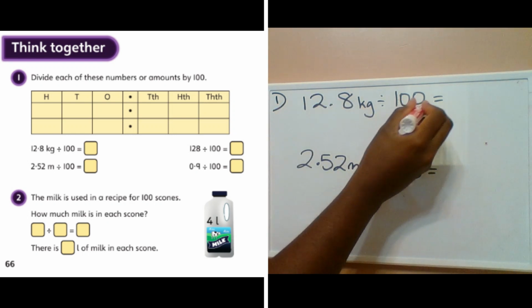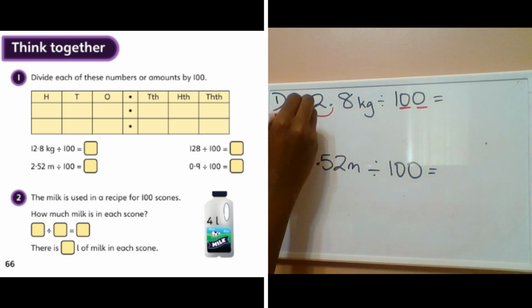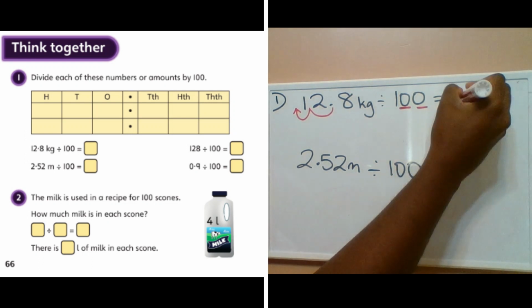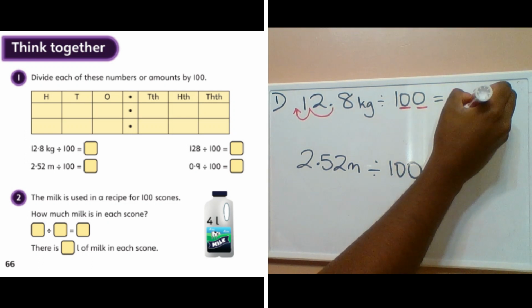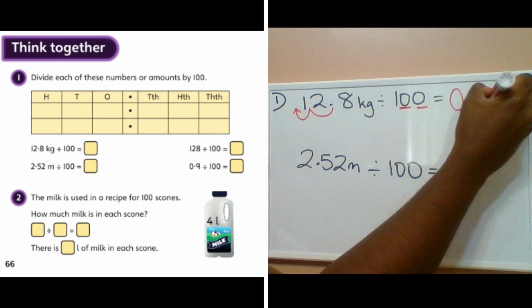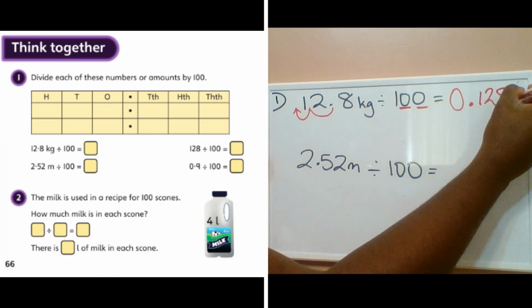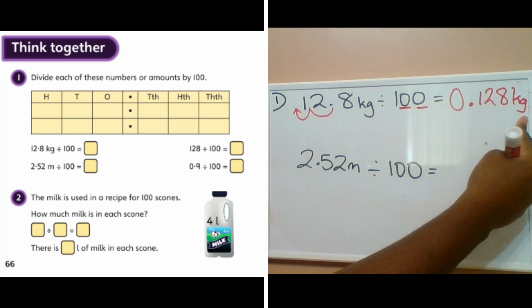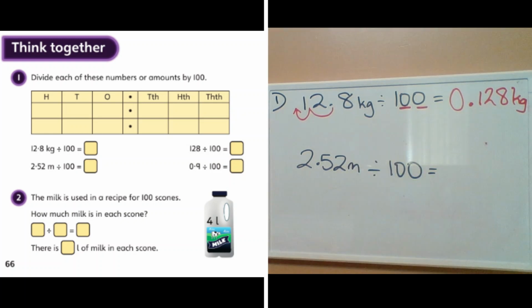How many places? Twice. 1, 2. My decimal point should now appear in front of the 1. So my answer is going to be 0.128 kilograms. I have to put back kilograms because my starting number was a measurement in kilograms, so my answer when I divide it is still going to be in kilograms.